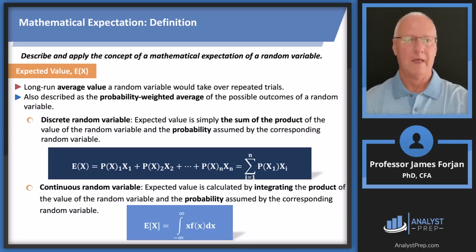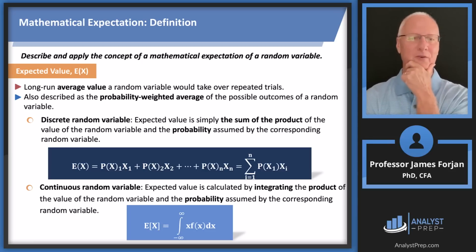All right, how about the learning objective on the mathematical expectations of a random variable? So all we're doing is saying, let's suppose that we have some random phenomenon. How about if I do another example with me? This will give you guys some comedy relief.